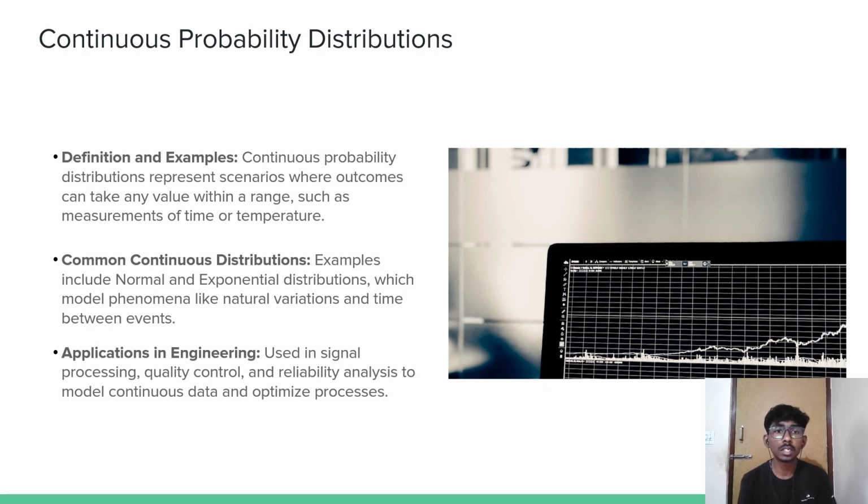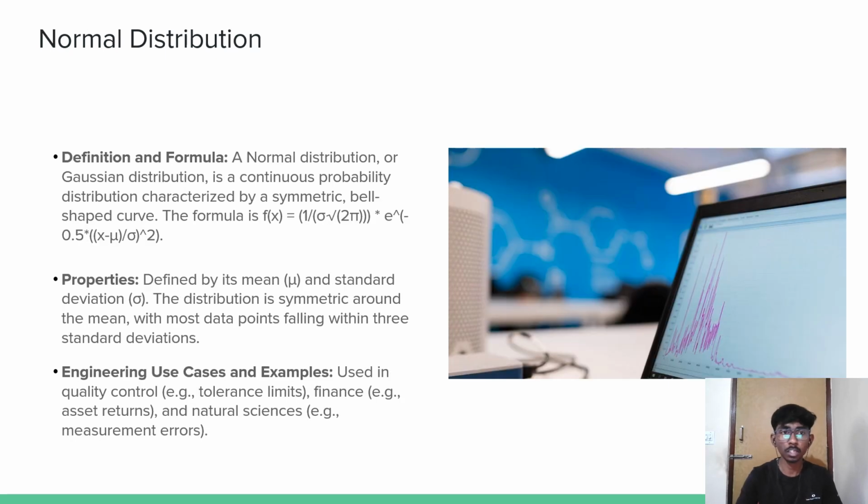Common continuous probability distributions are normal and exponential distributions, which model phenomena like natural variations and time between events. It is mainly focused on time between events, and it is used in signal processing, quality control, reliability analysis to model continuous data and optimize processes.